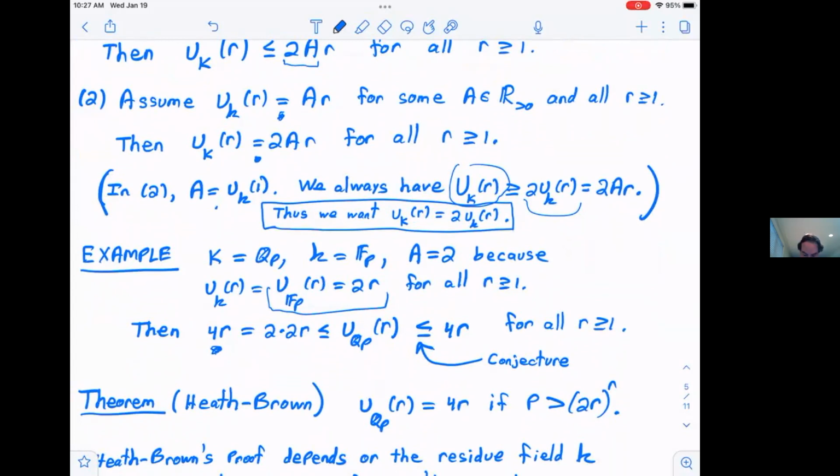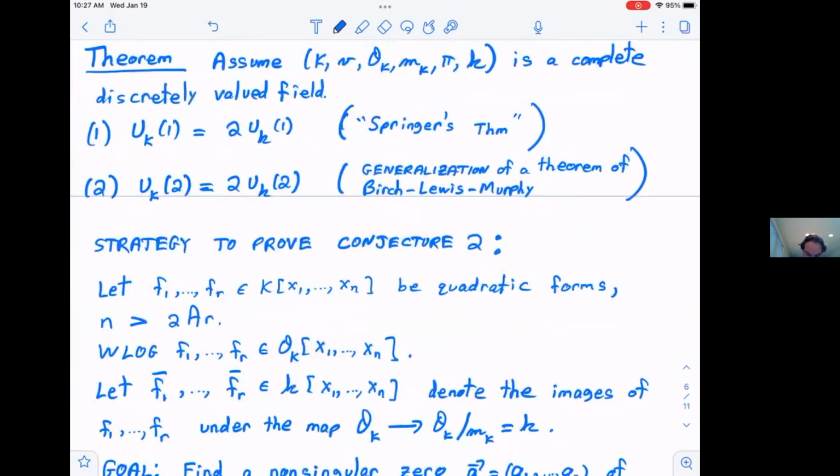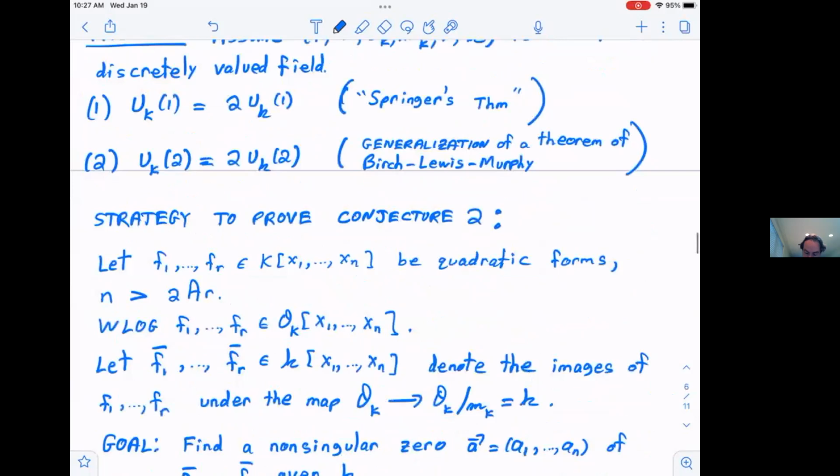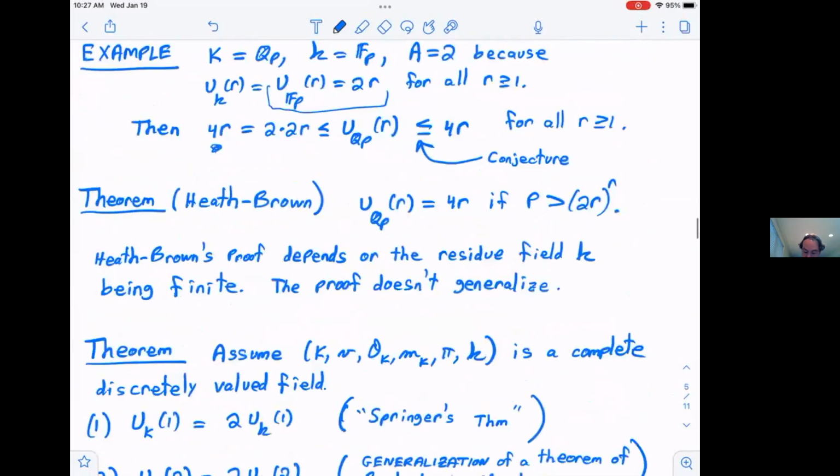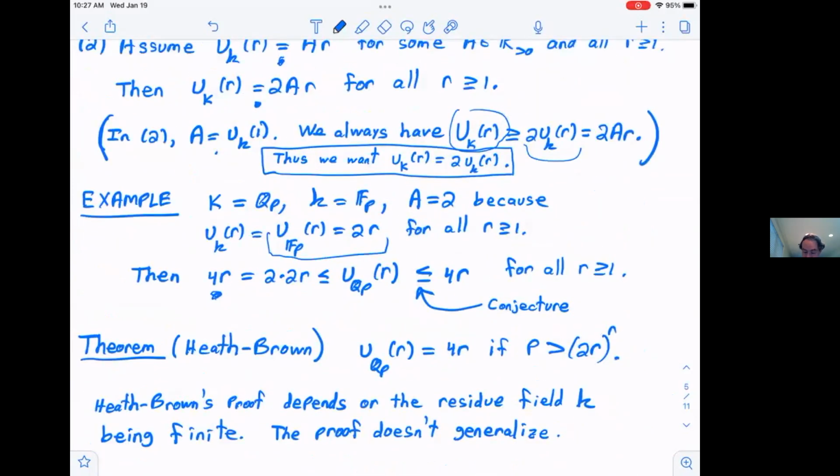Heath-Brown proved that indeed u sub Q_p of r equals 4r. So in other words, a system of r quadratic forms in more than 4r variables should have a non-trivial zero, as long as p is bigger than 2 to the r.